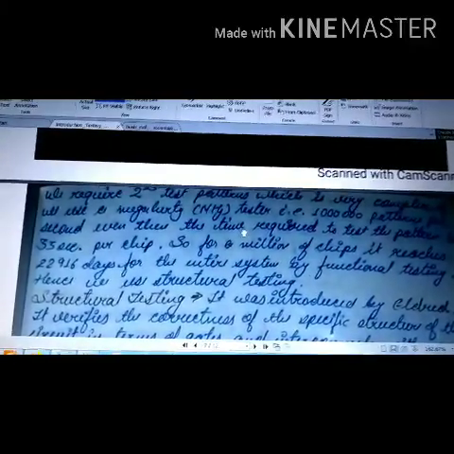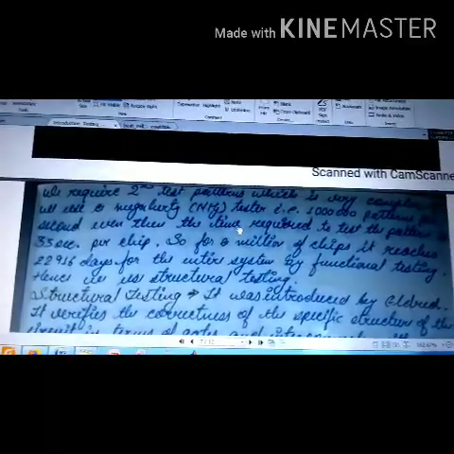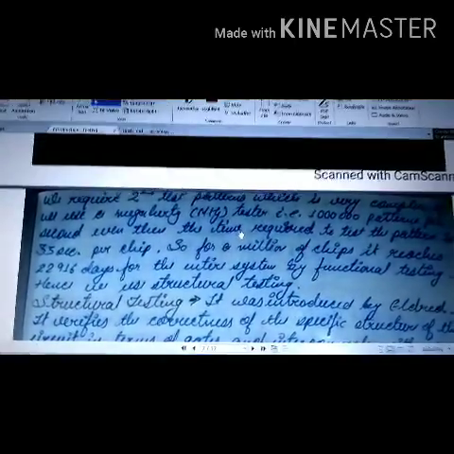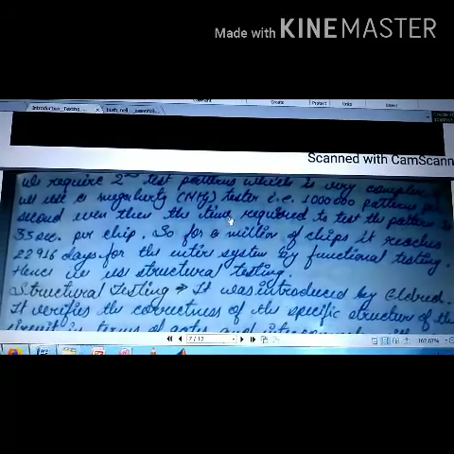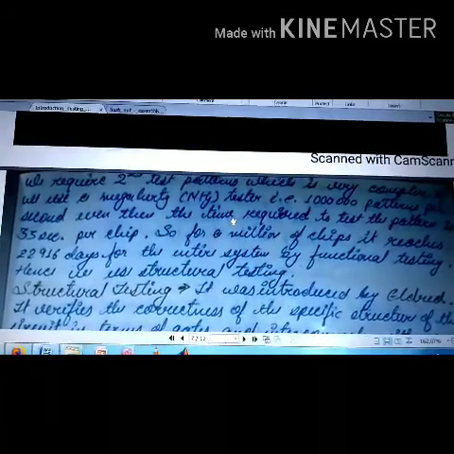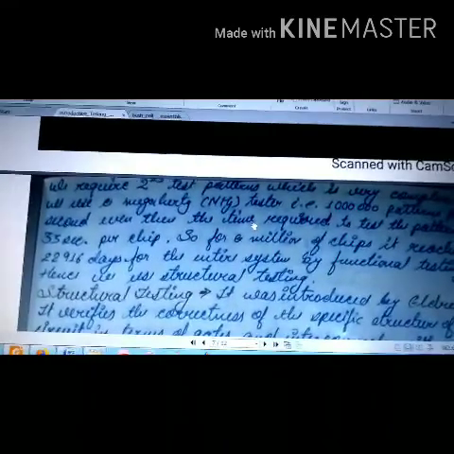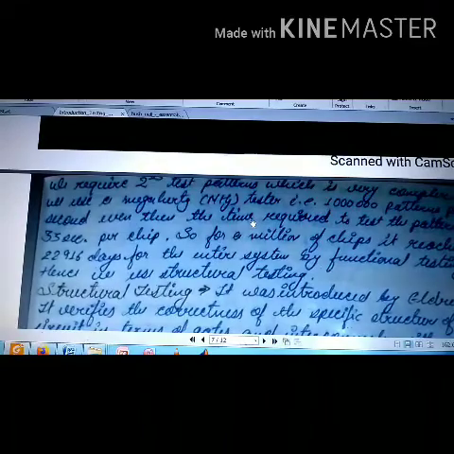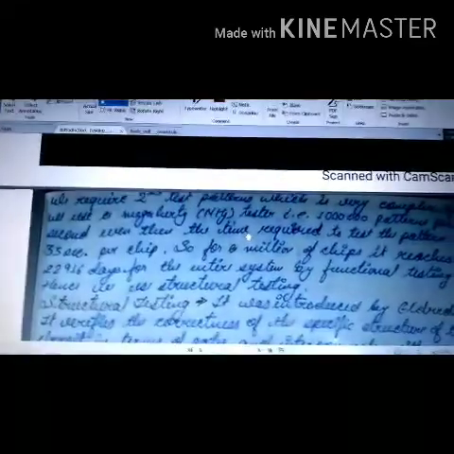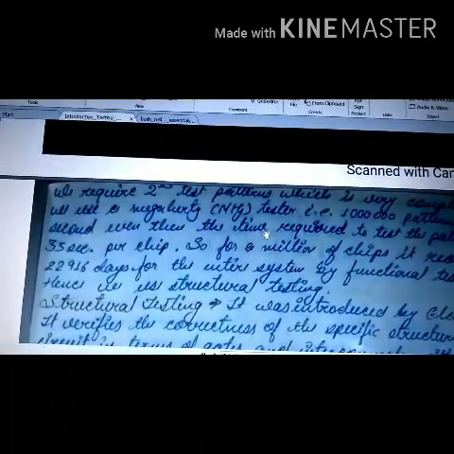Okay, and if we use an ATE which has a frequency of megahertz, that is it can test 10 million patterns per second, then it will take around 33 seconds to test just 25 AND gates.